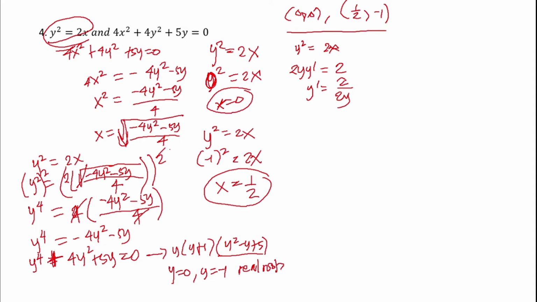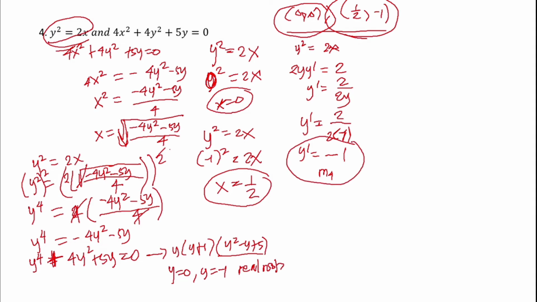So we have to substitute the value for our y. Since we cannot make use of 0, 0 because it will be undefined here, we'll make use of this point, 1 half and negative 1. So y prime is equal to 2 over 2 times negative 1. Okay, so y prime is equal to negative 1. So this is the slope, M1, negative 1.